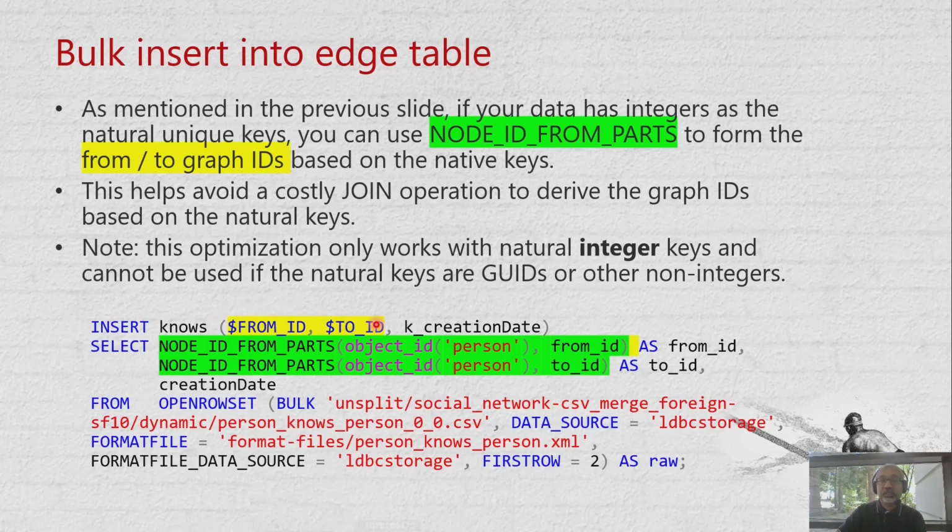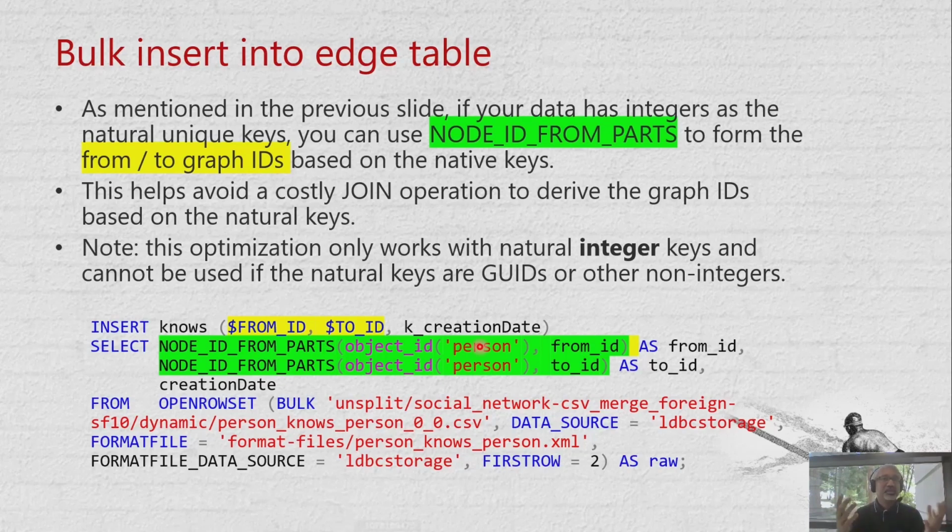Again, as a reinforcement, why this is useful is if you did not do this, in this case, because it's feasible, you can do it, you would otherwise have to join the raw data that's coming in for the edge table with the graph node ID values from the node tables in order to get the $node_id values for the $from_id and $to_id columns.